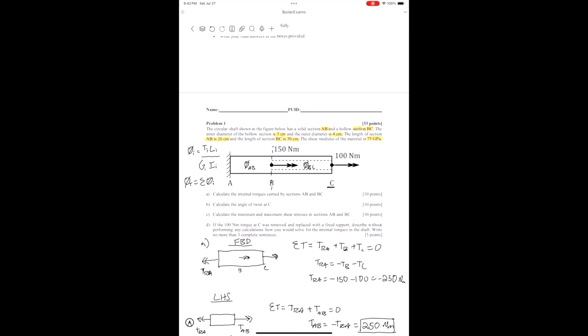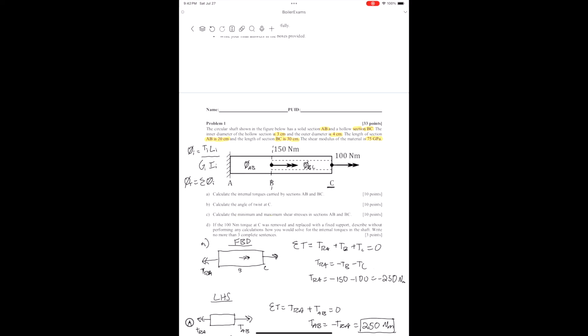So the trick to recognize here is that if we just rely on our torque equilibrium equations, we're not going to have a solvable system of equations. We're going to have too many unknowns. So we have to add another constraint in, and that constraint is going to be a geometric constraint.